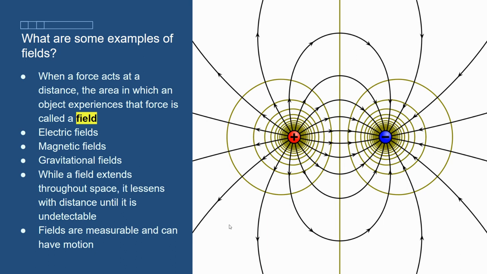But forces, I told you at the very beginning, have a size and a distance. So a magnet has a magnetic field surrounding it, but it lessens as you get further away from the force.